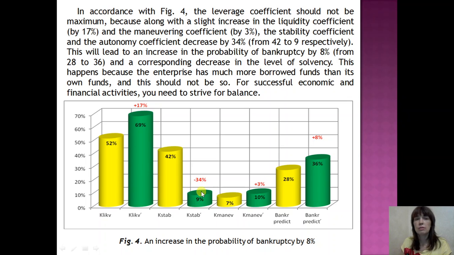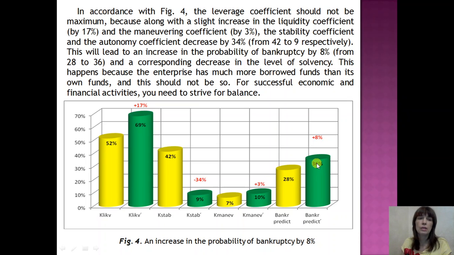This will lead to an increase in the probability of bankruptcy by 8%, from 28 to 36%, and a corresponding decrease in the level of solvency. This happens because the enterprise has much more borrowed funds than its own funds, and it should not be so.